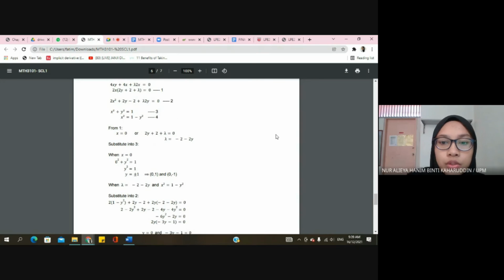Then we set those equations equal to 0 and call them the first equation, with f(x,y) equal to 0 as the second equation, and g(x,y) equal to 0 as the third equation. From the third equation, let x squared be the subject, so we get x² = 1 - y², and call it the fourth equation.